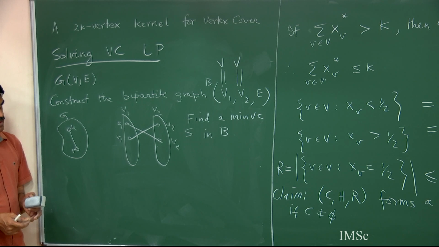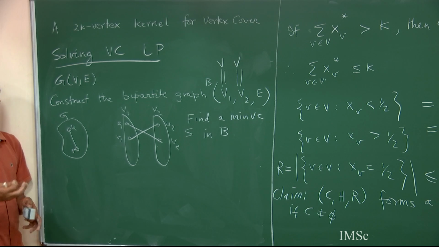Now this minimum vertex cover in this bipartite graph may pick both copies of a vertex, or one copy of a vertex, or no copy of a vertex. Based on that, I am going to decide the corresponding LP value to be 0, half or 1.